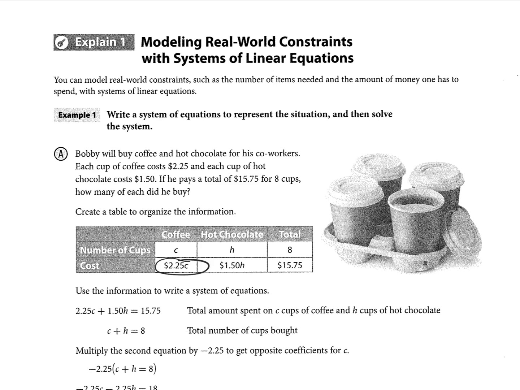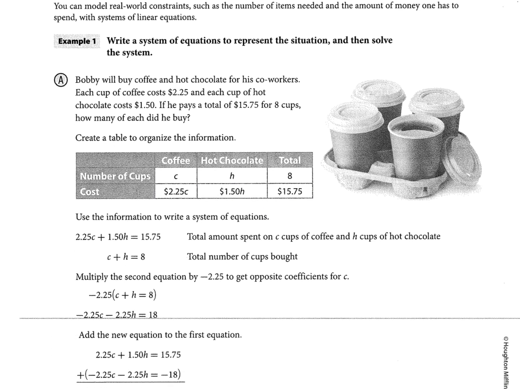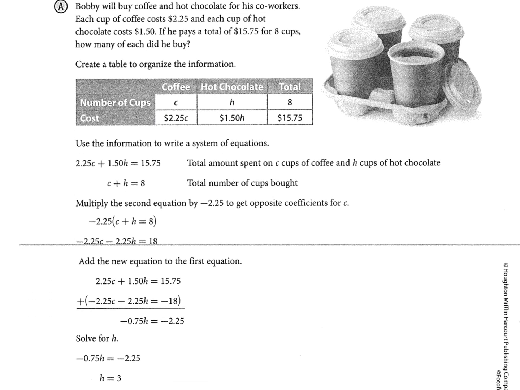The cups of hot chocolate was $1.50, and they spent a total of $15.75. Use the information to write a system of equations. So they wrote an equation for the cost, 2.25C plus 1.50H equals 15.75, and they wrote an equation for the amount of cups, C plus H equals 8.